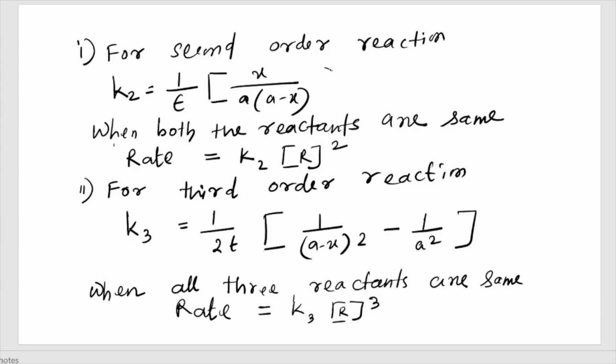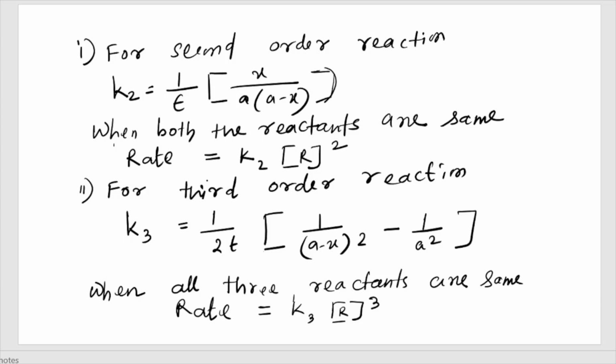What is a minus x? That is the left behind concentration of reactant, and x is the concentration of the reactant used. Here you will not put any molar concentration sign because it is a mathematical value.